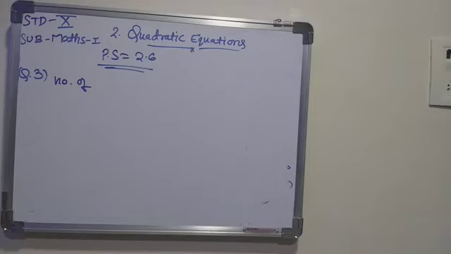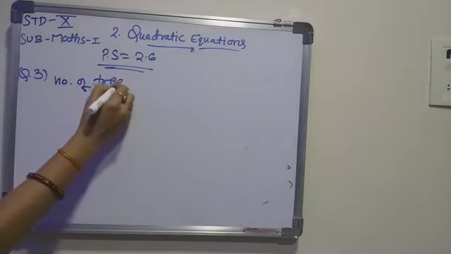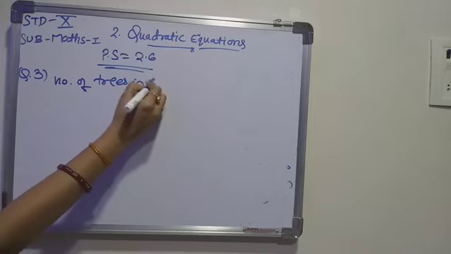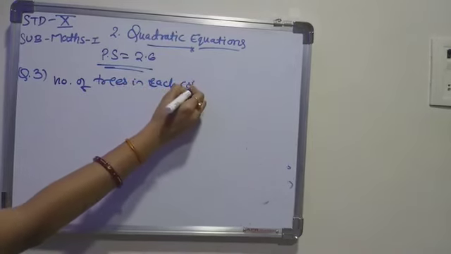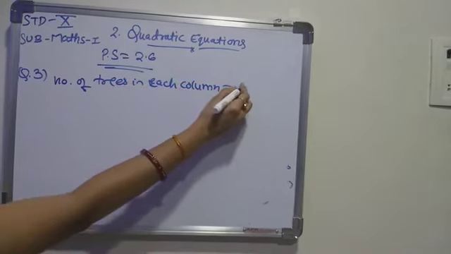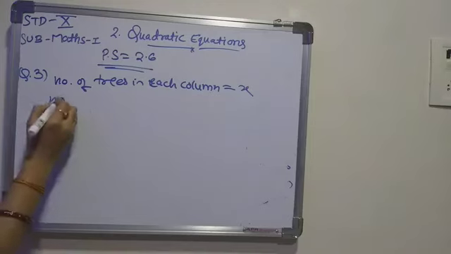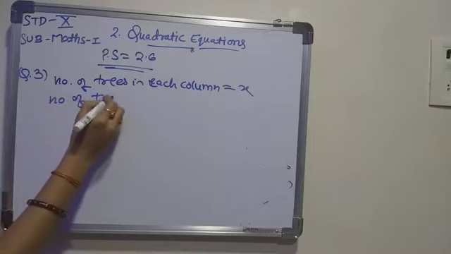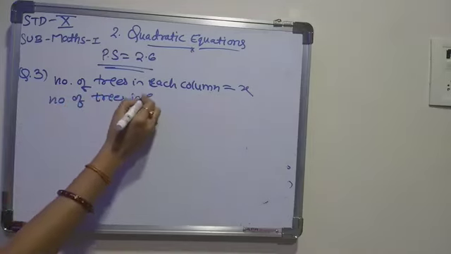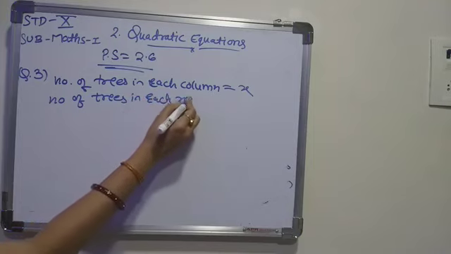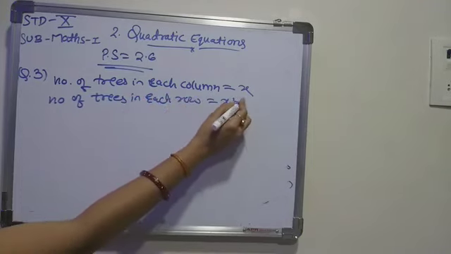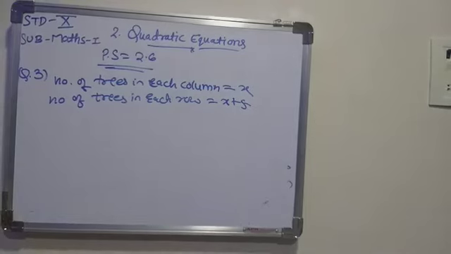So in the first box they have given you the number of trees in each column. So number of trees in each column is x, and the number of trees in each row is 5 more than the column. So number of trees in each row is x plus 5. Then the total number of trees is product of this, right?